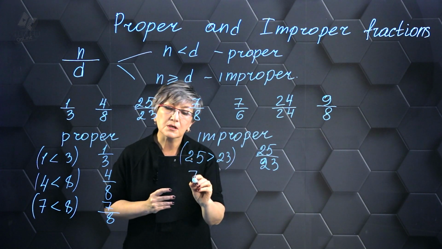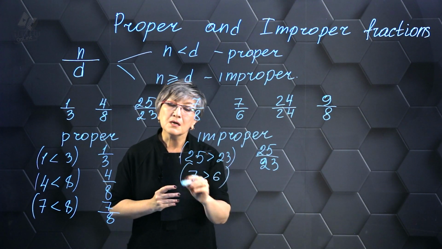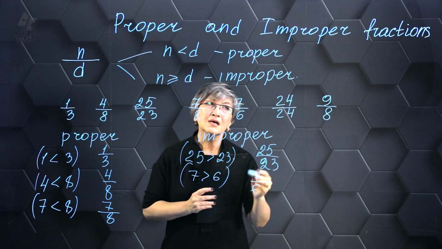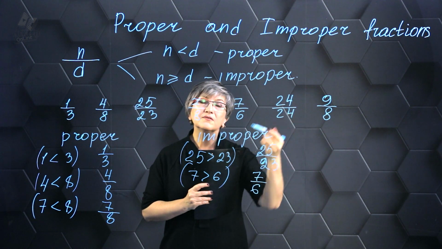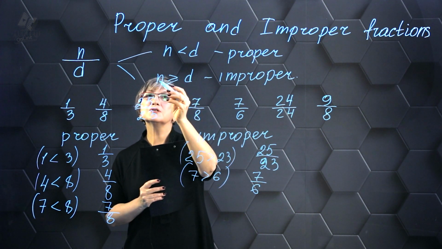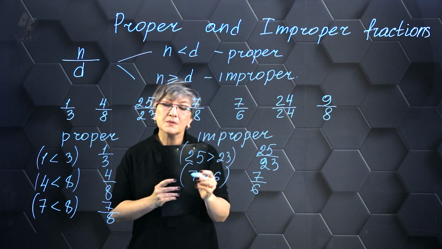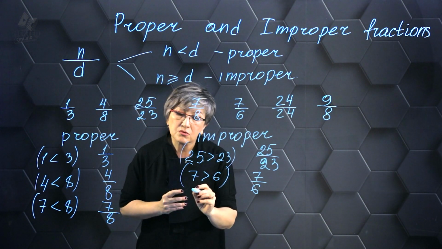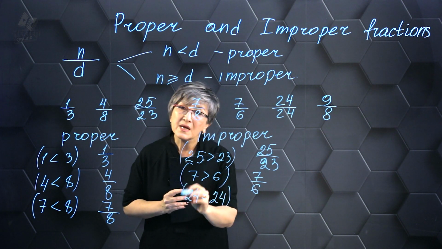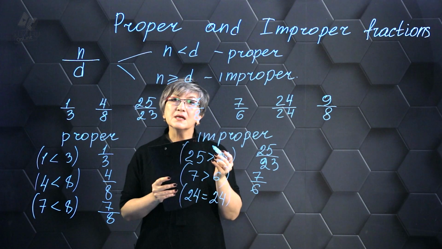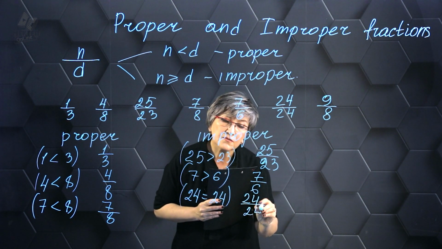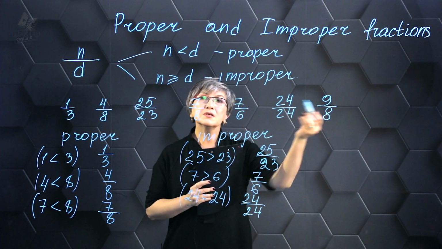Let's recall that if the numerator, 24, is equal to the denominator, also 24, then this fraction is improper.